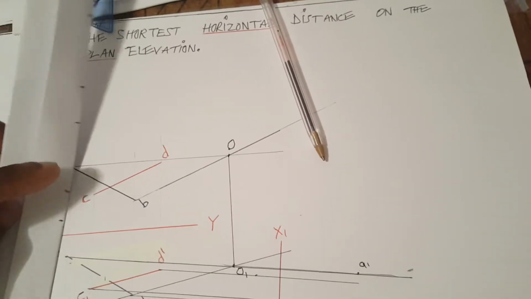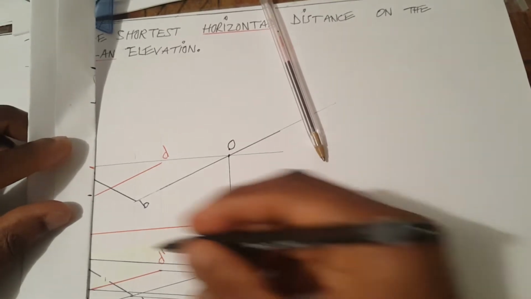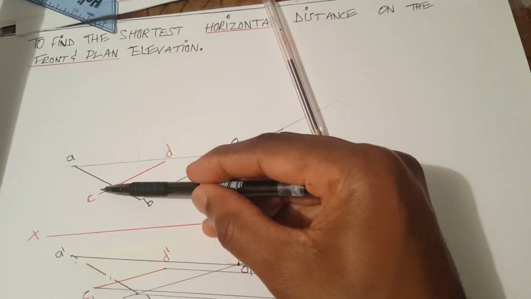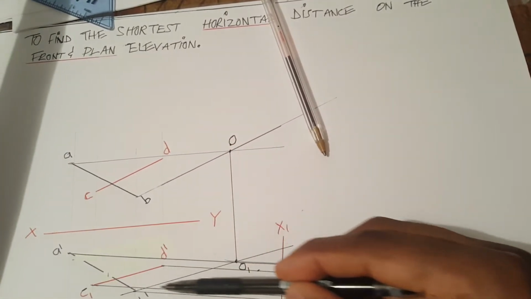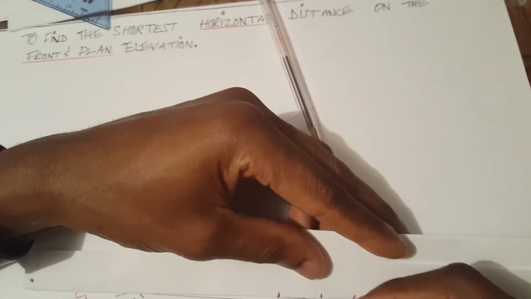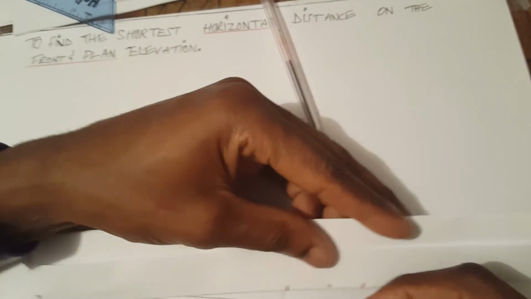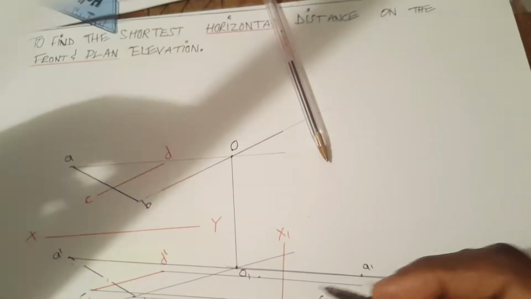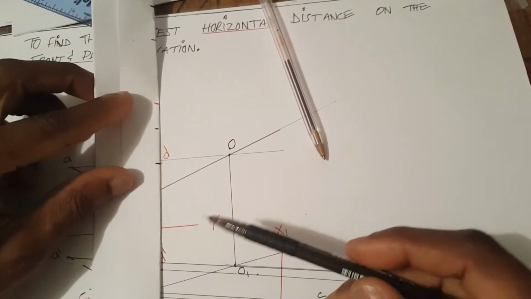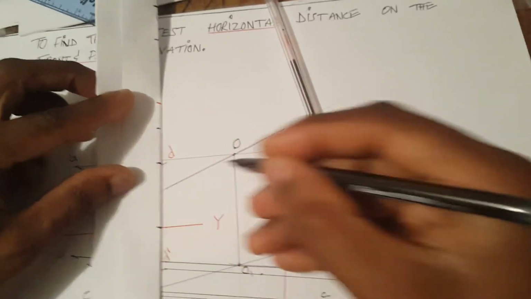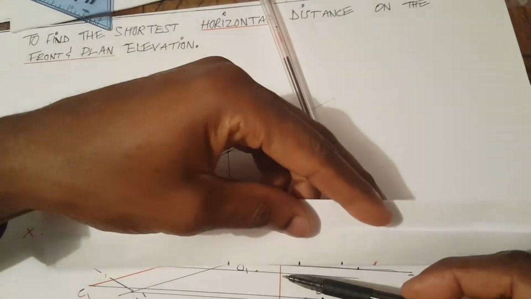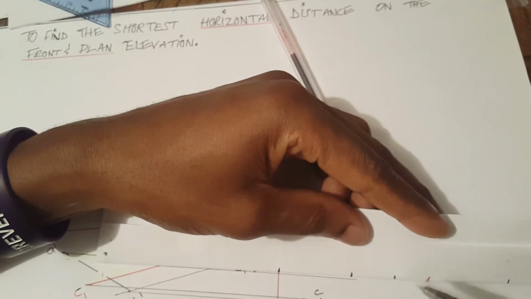I then go across to C, and I transfer the distance of C. This is C. I track C here. C comes across here, and I transfer the distance of C onto this line. I then go across to D, and I track D all the way across to here, and then transfer D onto this.